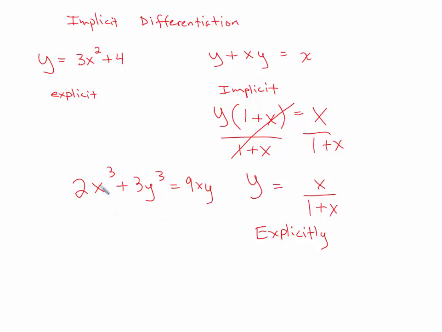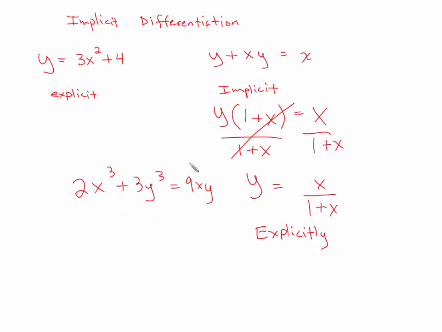It's probably going to be very difficult to do some algebra work to get y by itself here. You're not going to be able to do it, or if you can, it's going to be very difficult. So when you have something like this, that's implicit, is there a way to find the derivative of this? That's called implicit differentiation.